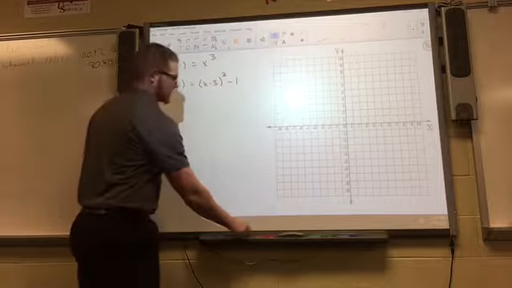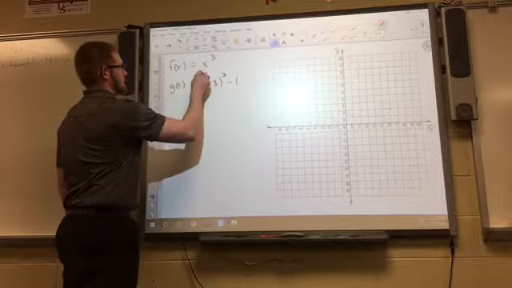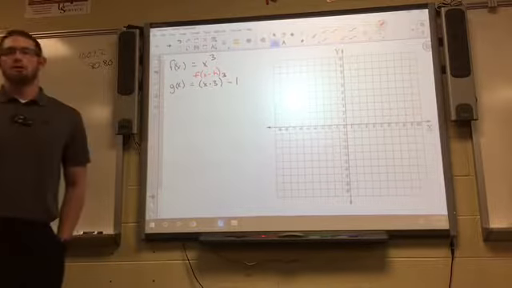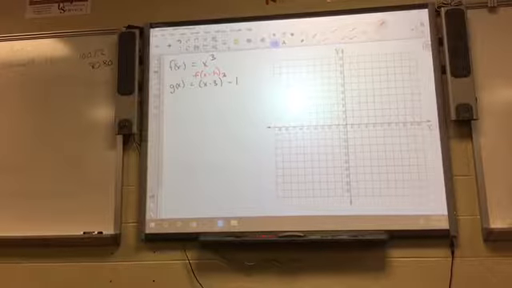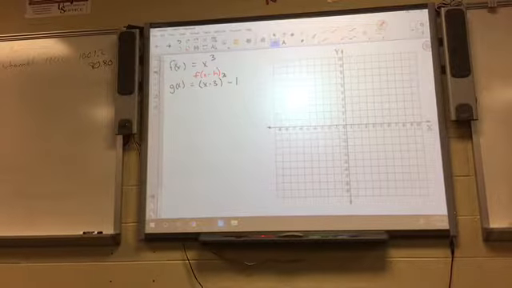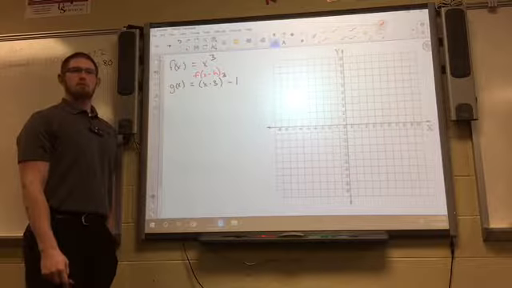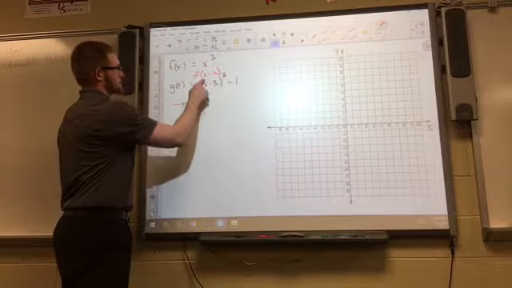On your sheet, you should have one that looks like f of x minus h, right? Yes. So what is h in this case? 3. It's positive 3. So is that a translation left or right? Right. How far? 3 units.